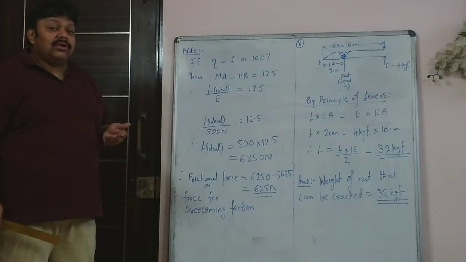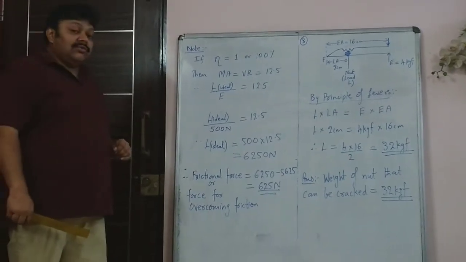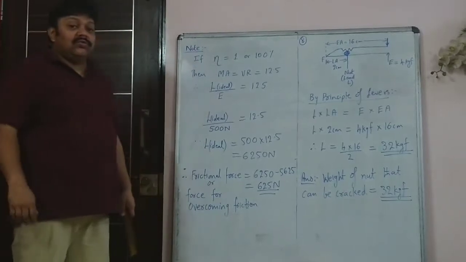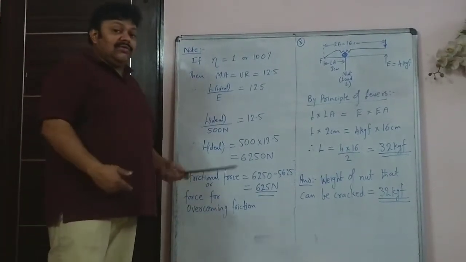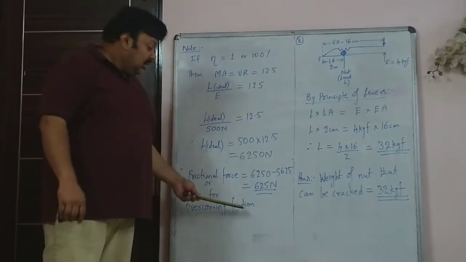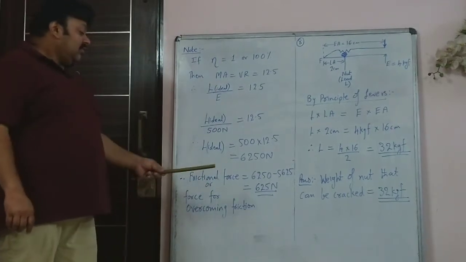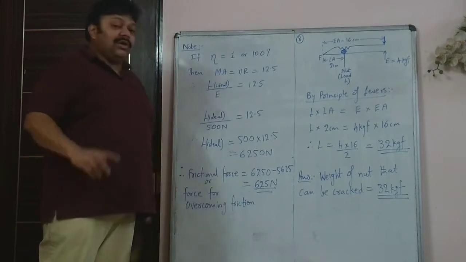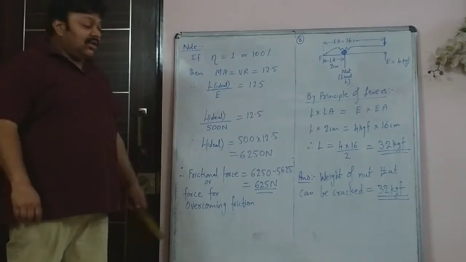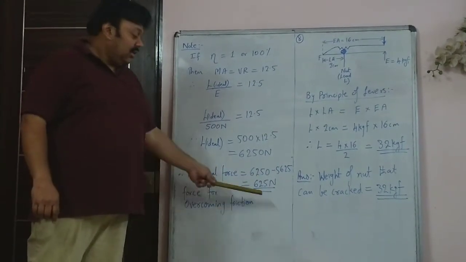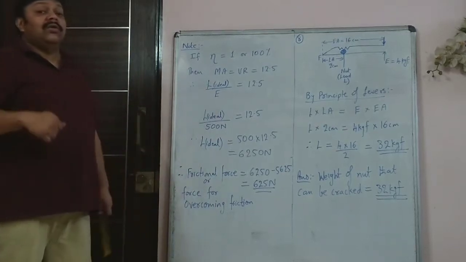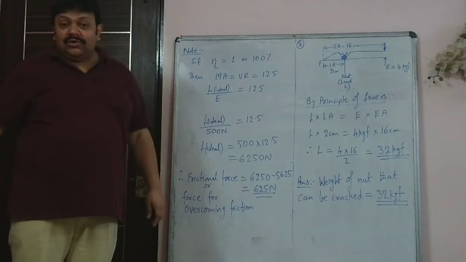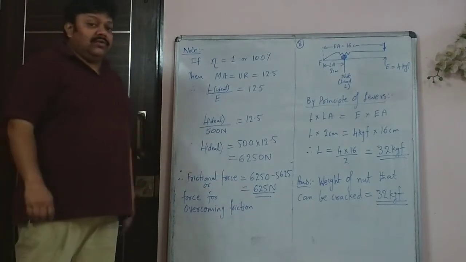That is the actual practical load that was lifted, so it can also be called the useful load lifted, because the rest of the force is going in overcoming friction. So the force in overcoming friction is 6250 minus the actual 5625. So 625 Newtons was the load of friction that was overcome by that effort.